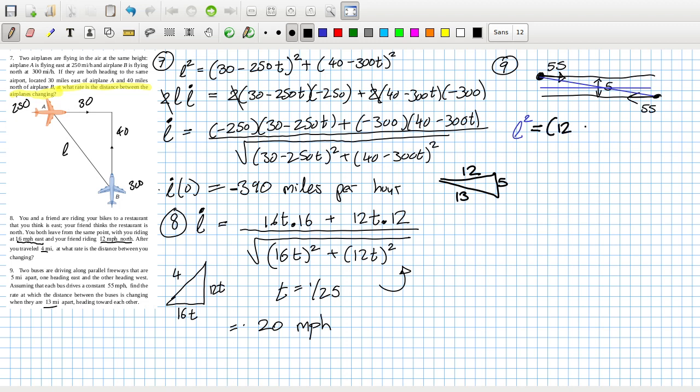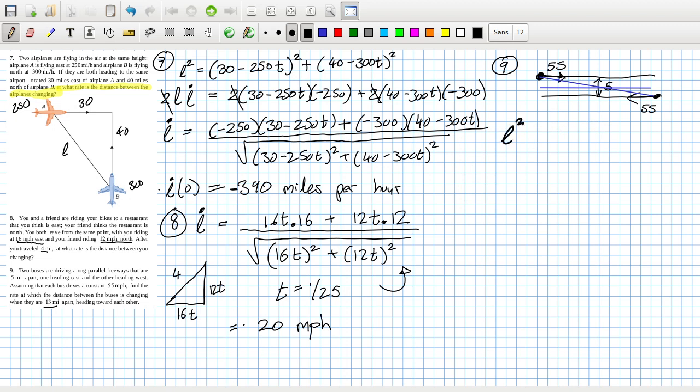I don't know why my pen got so thick. Oh, here we go. 12 minus 55t squared plus, oh, now actually, because the other one is moving in as well, that's going to change things a little bit.